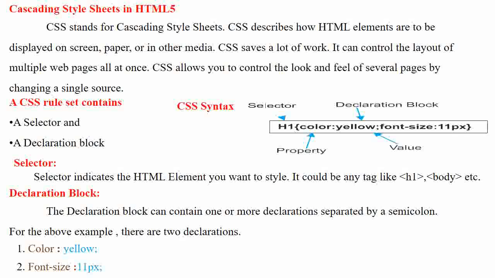CSS allows you to control the look and feel of several pages by changing a single source. Now remember one thing, cascading style sheets are used for formatting the web pages.